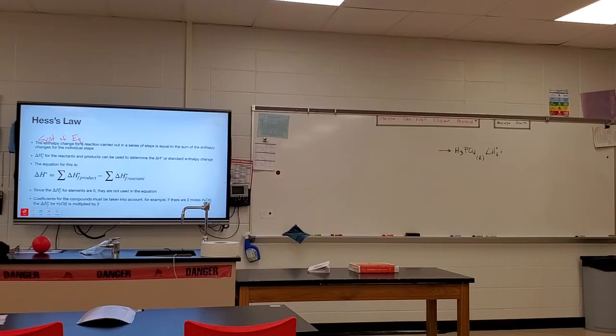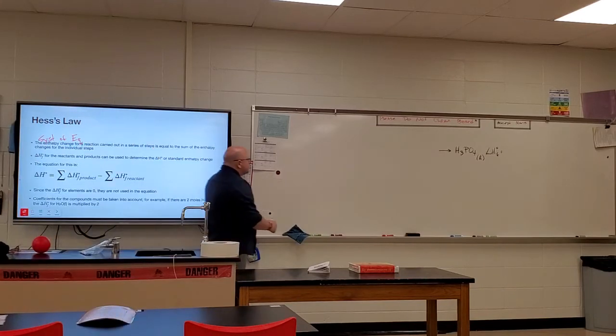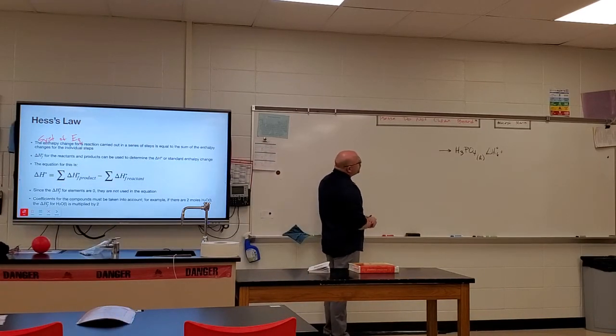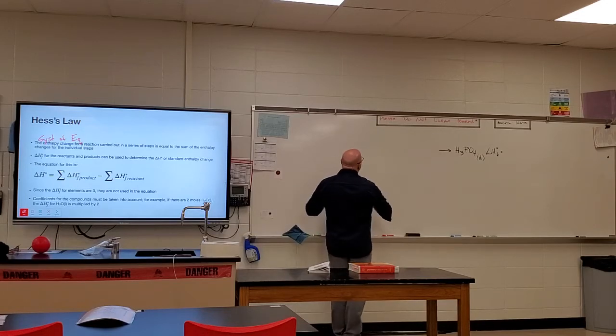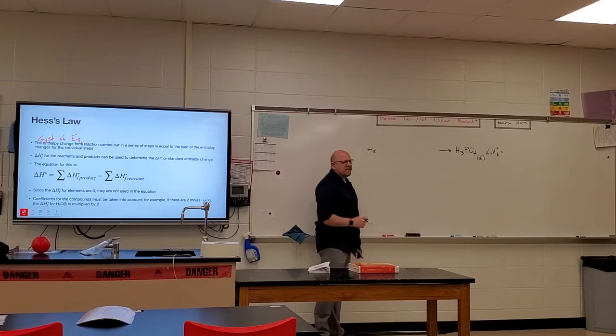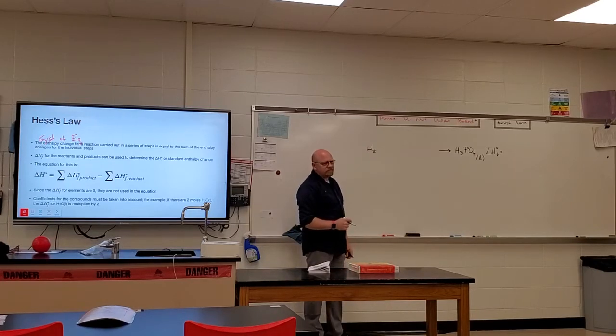Four diamonds. So, what do we have to put as our reactants? Do you know what hydrogen is in its standard state? Yes. Correct. You know its formula. H2. Good job. How many of those are we going to need, though?